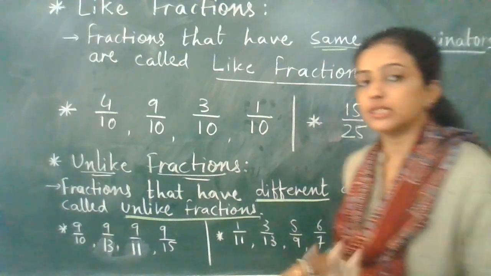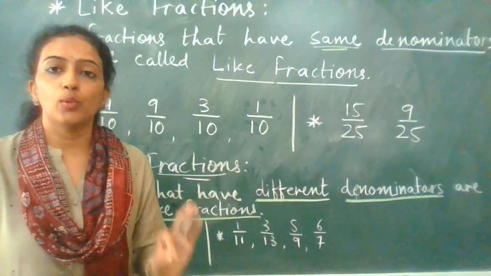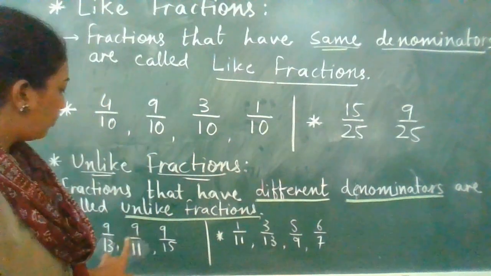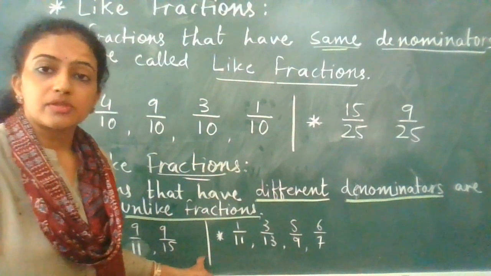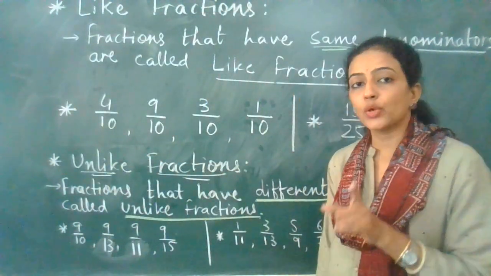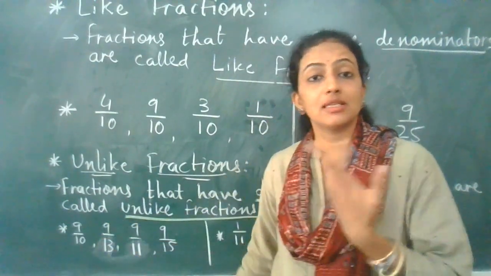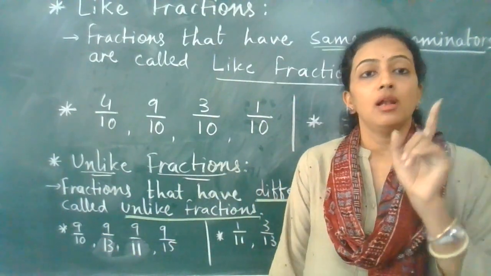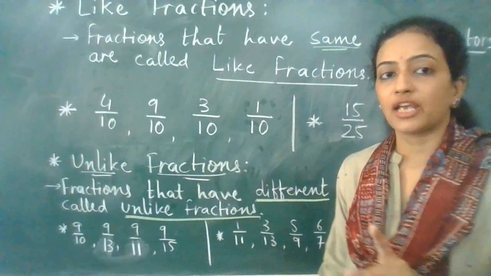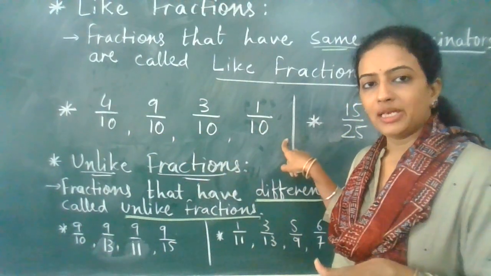It is not your concern. Like and unlike fractions are always to be decided with their denominators, never with the numerators. So you don't have to get confused that oh, all the numerators are same means it is like fraction. No. Like fraction, unlike fraction, always to be decided by denominators.